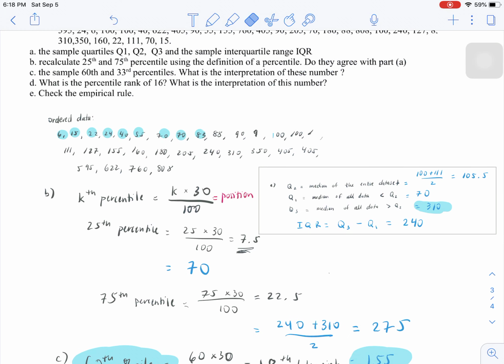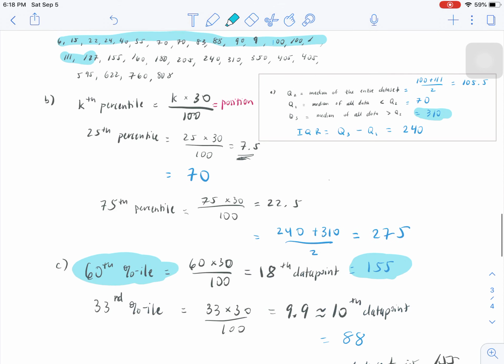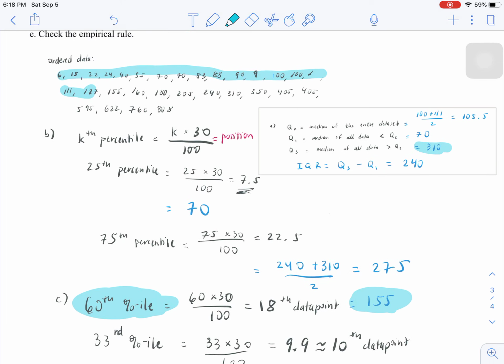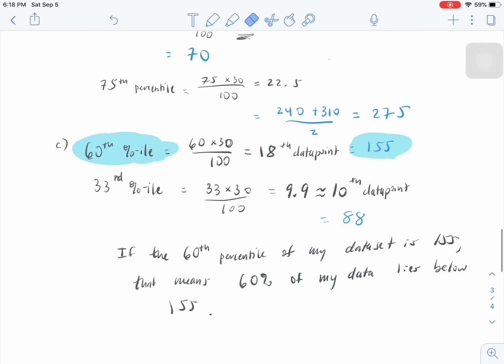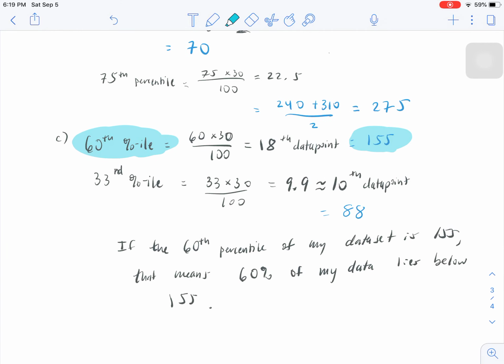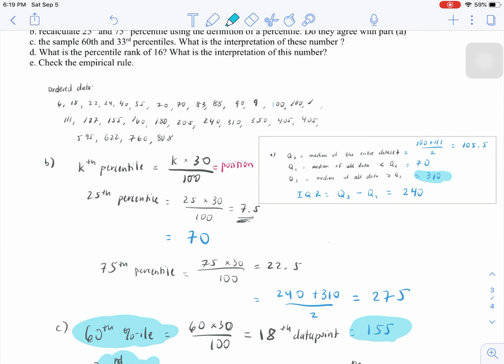So in other words, if I take everything less than 155 in my data set, the number of these data points is 60% of my data. So the 33rd percentile being 88 means that 33% of my data points lie below 88.